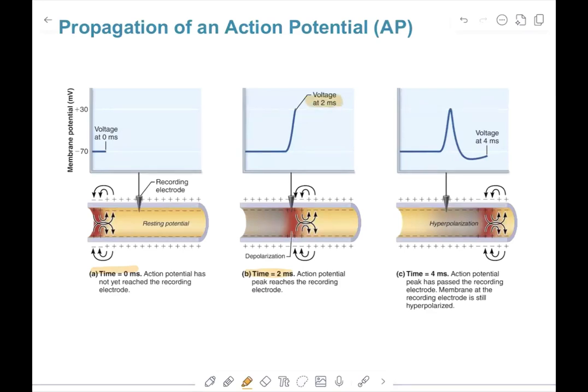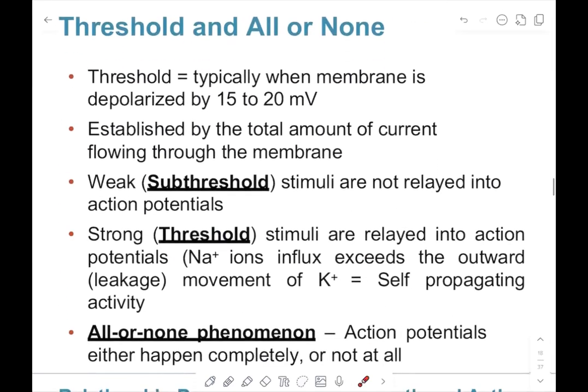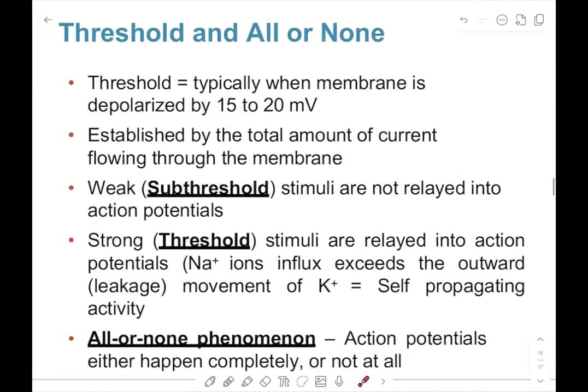And then as it continues to spread further down the axon, we have the downswing of the action potential. So the action potential begins at one part of the axon, and then it continues downwards to another part of the axon. And when we have myelin wrapped around the axon, the action potential leaps from node of Ranvier to node of Ranvier.